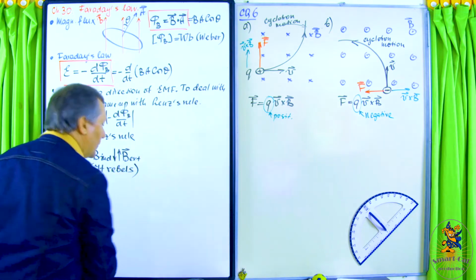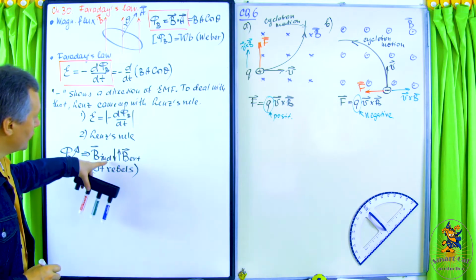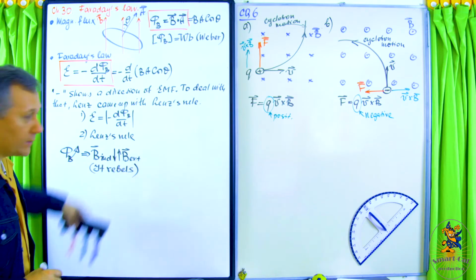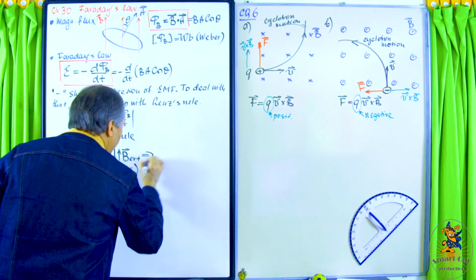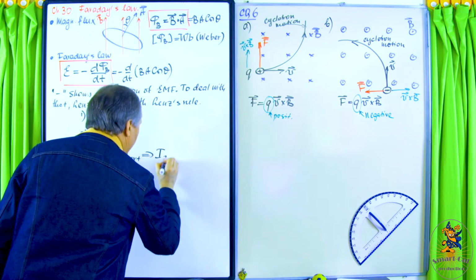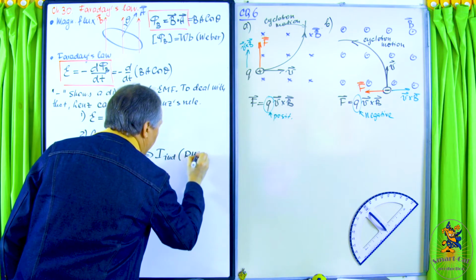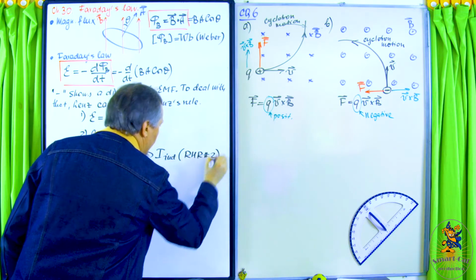Because again, you remember, it doesn't like changes in the flux. So now, once you know direction of the induced magnetic field, you can apply right-hand rule to find direction of the induced current, I induced, using right-hand rule number 2.